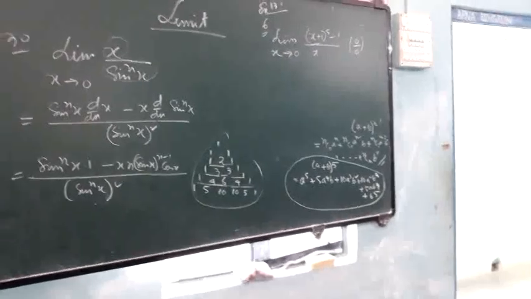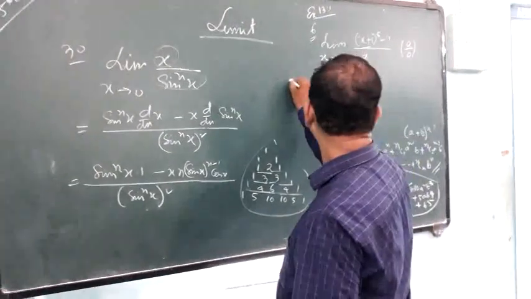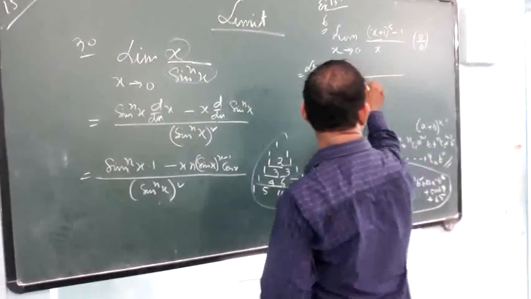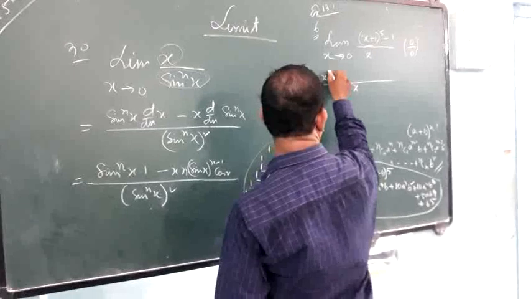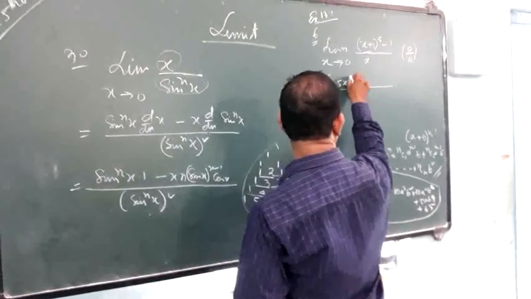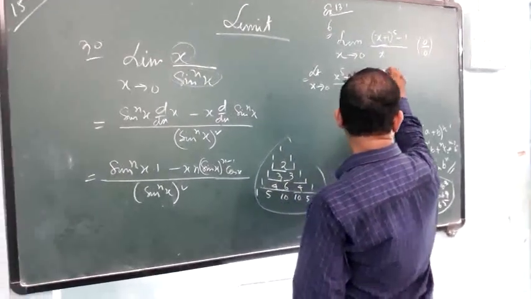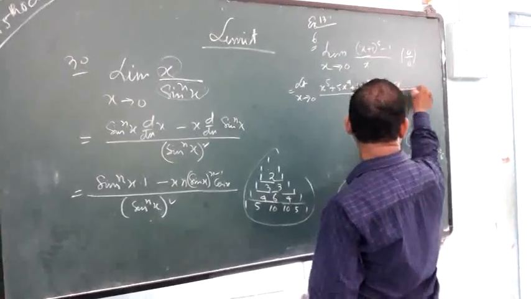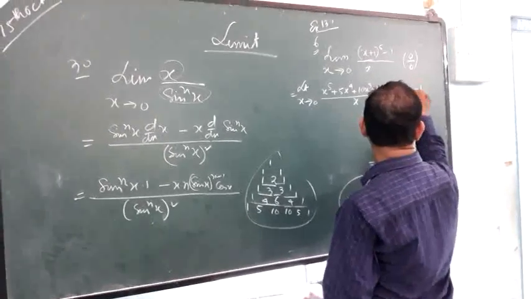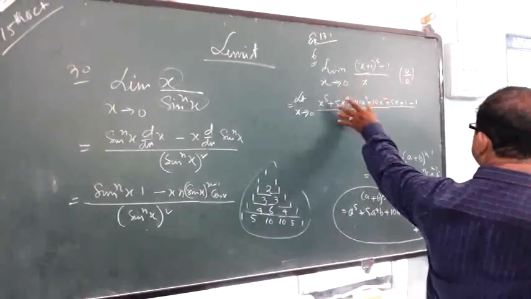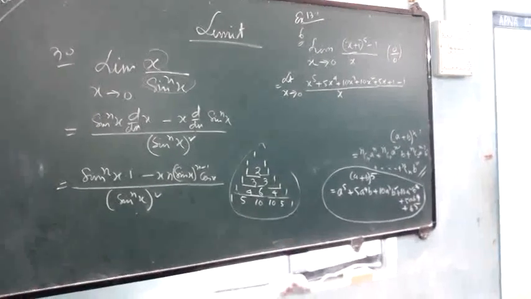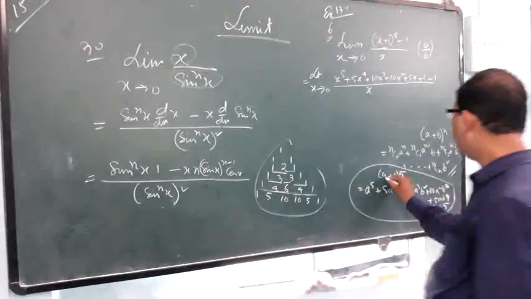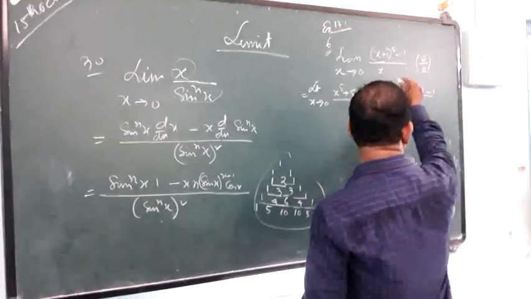Now clear? Now x plus 1 to the power 5, if we break it, we can break it like that. So in this formula, a is what? x, b is what? 1.